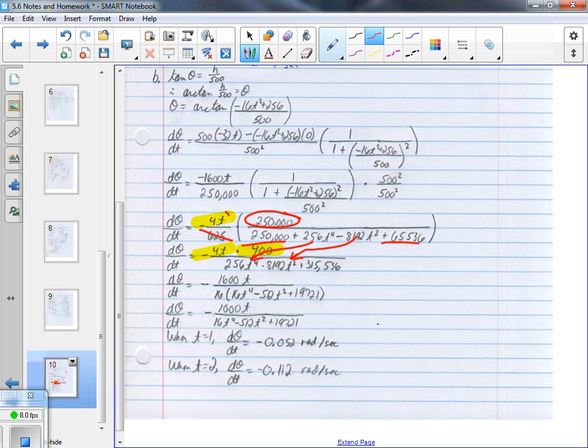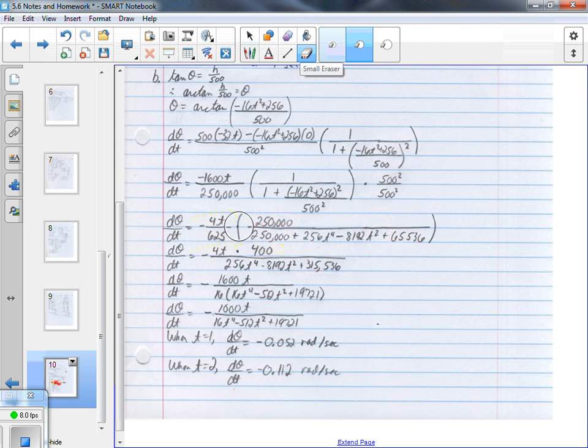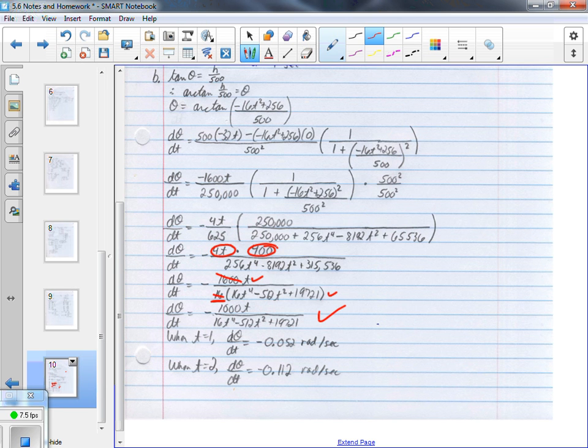These get combined to give me that. All right, then what did I do? Keep the negative out in front, multiply that times that to get that. Factor out a 16 to get that. Divide that 16 into that. That gets me here. Now I'm good. So that is d theta dt simplified.